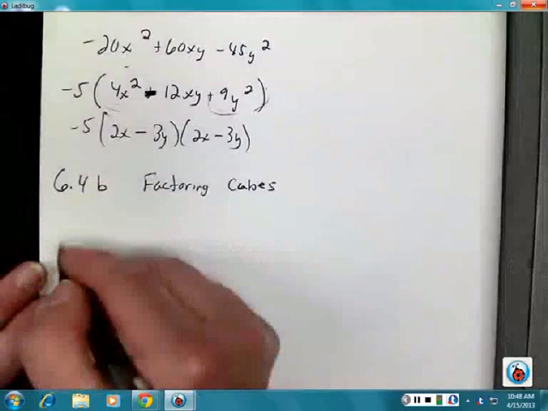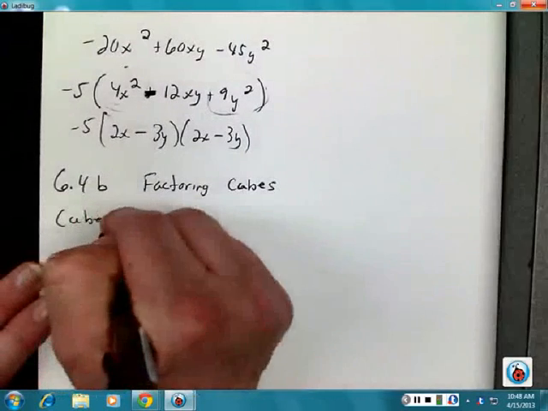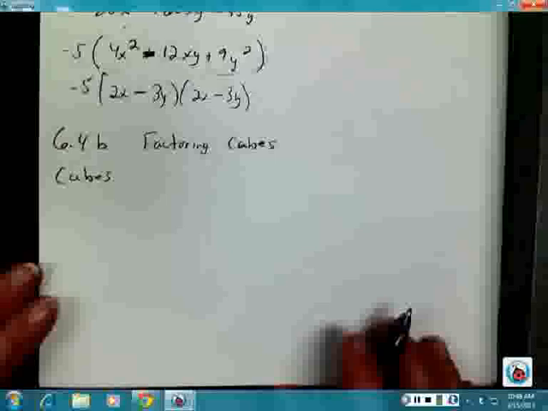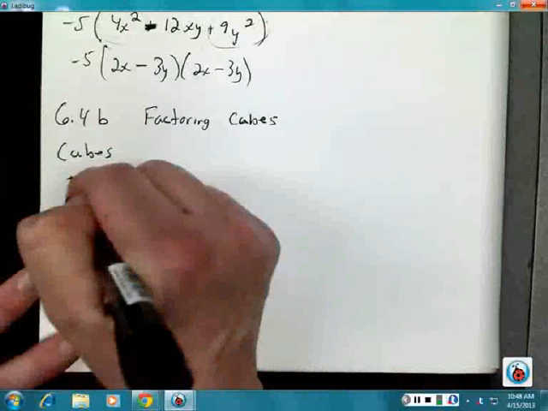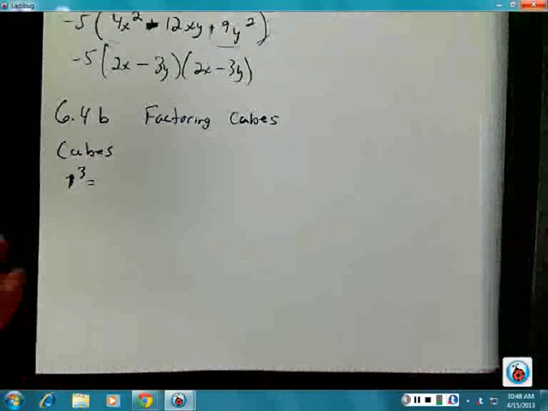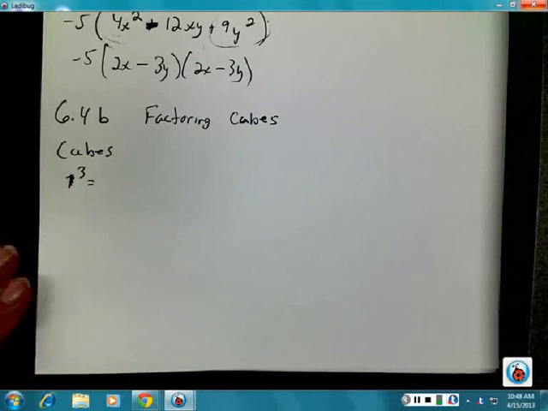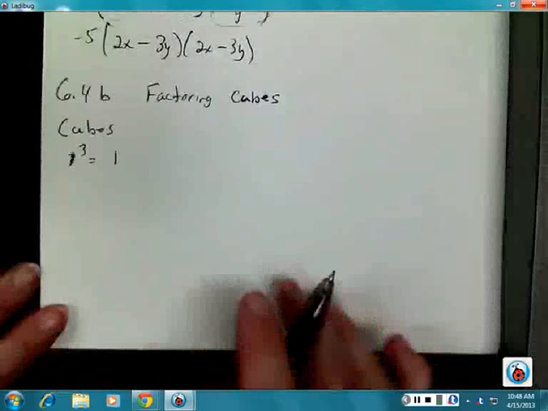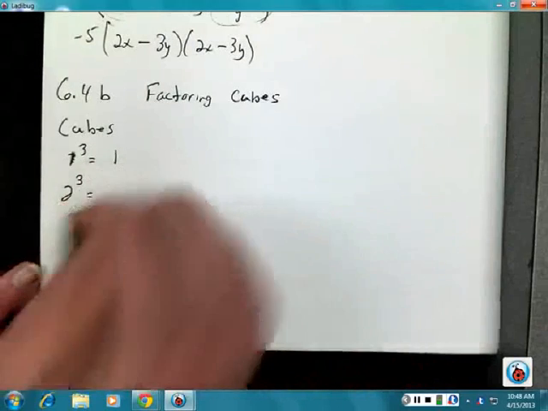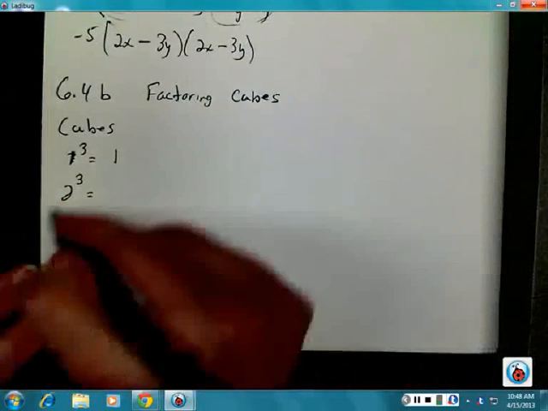So if you find the cube values that you happen to have, if I take 1 and cube it, what do I get? What's 1 times 1 times 1? 1 times 1 times 1 is 1. What is 2 cubed? 8.